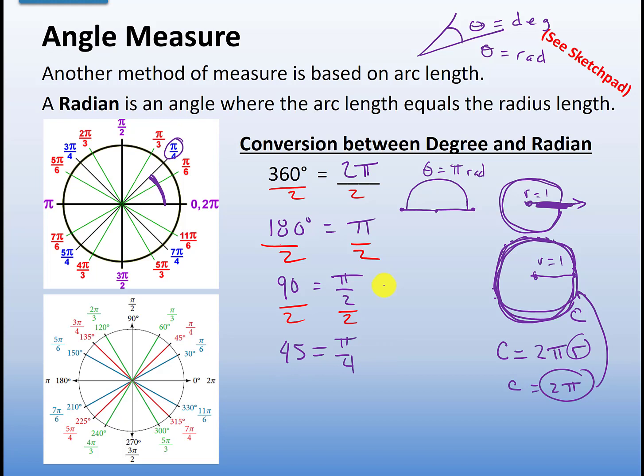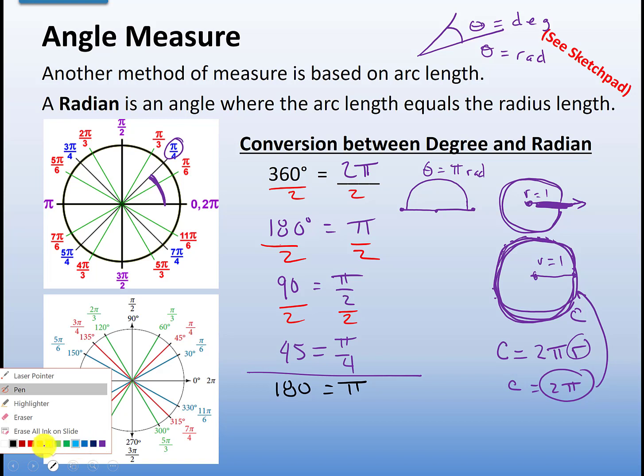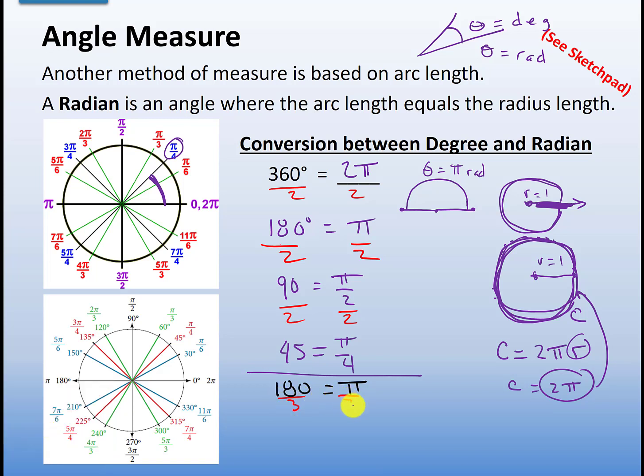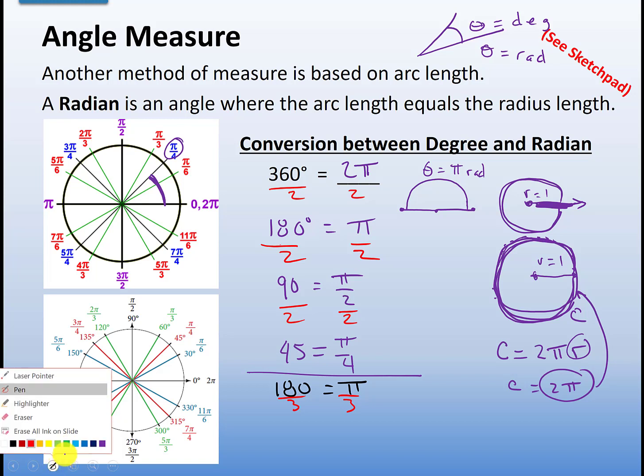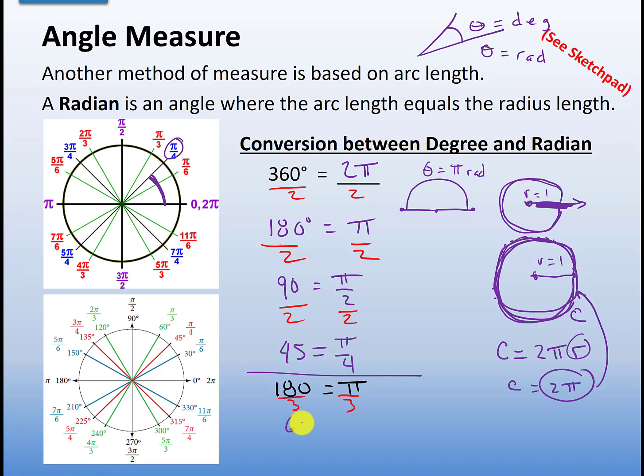Going back to the drawing board there, if I started with 180 again, which equals pi, and then I divided by 3, that's going to equal 60 is a pi thirds angle.